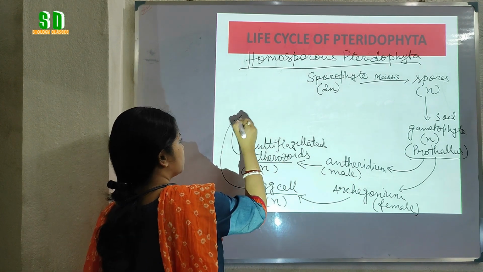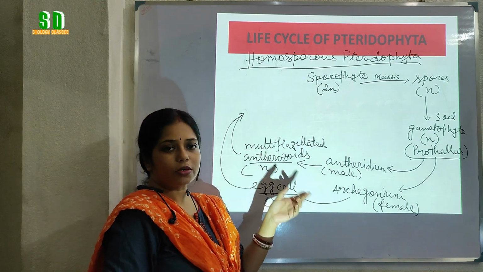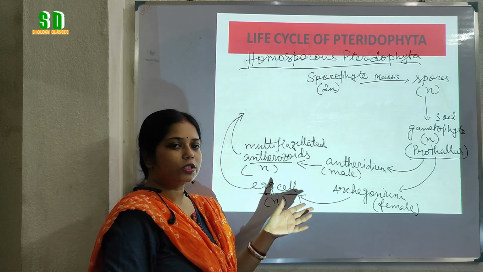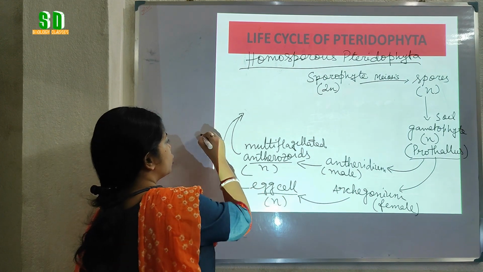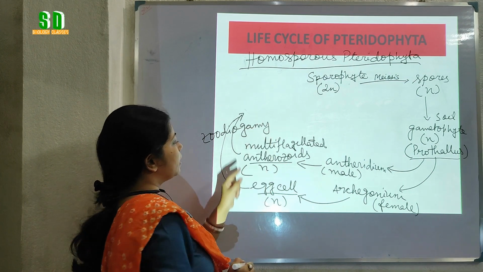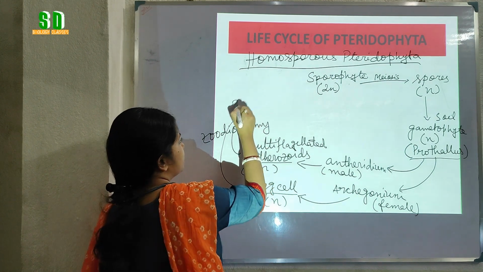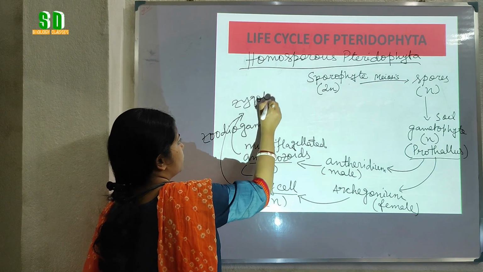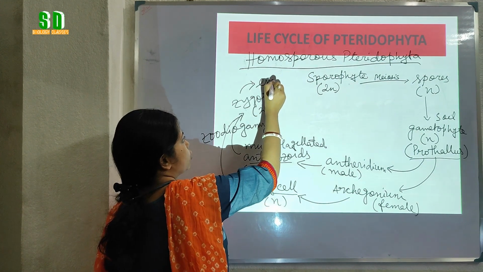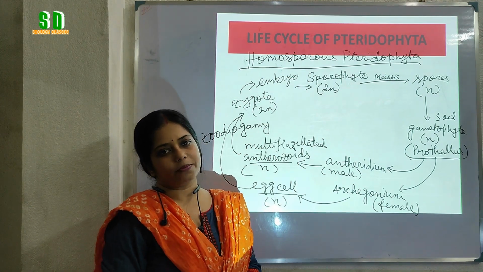Now fusion of this egg cell and the antherozoids occurs, and the process of fertilization is called zooidiogamy, as we can see in case of the Bryophyta also. So by the process of zooidiogamy, that is by the help of water, the multiflagellated antherozoid comes and fuses to the egg cell. As a result, a zygote is formed having 12 number of chromosomes. The zygote divides and gives rise to the embryo, and the embryo again gives rise to the sporophytic plant body.